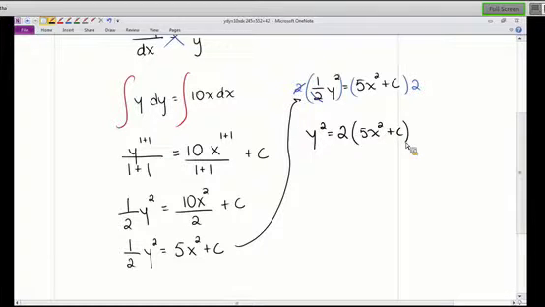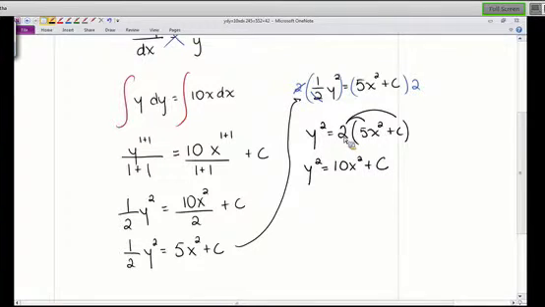Now on the answer key, I believe it does not express our solution with a set of parentheses. So I'm actually going to distribute 2 inside of our parentheses. So we'll have y squared is equal to 2 times 5, which gives me 10x squared. Now 2 times some random constant is still going to leave us with a constant.